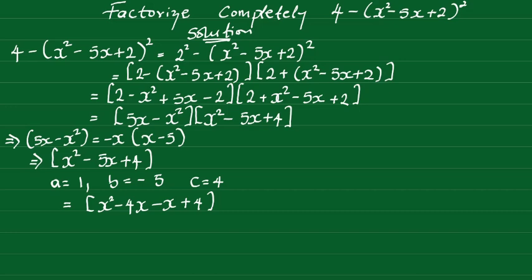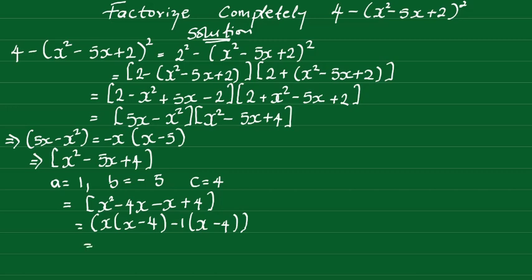We factor out x from x squared minus 4x. So we open our bracket, factor out x, and we end up having x minus 4, bracket close. We're left with minus x plus 4. We factor out minus 1 and we have x minus 4, bracket close.